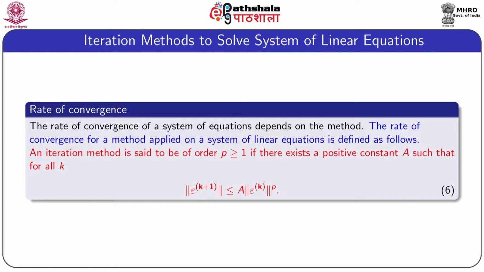An iteration method is said to be of order p, where p should be greater than or equal to 1, if there exists a positive constant a such that for all k, the norm of the error vector at the (k plus 1)th iteration, epsilon^(k plus 1), is less than or equal to the constant a times the norm of the error vector at the kth iteration to the power p. If p equal to 1, then we say that the rate of convergence of the method is linear. If p is 2, then the rate of convergence is quadratic. If it is 3, then the rate of convergence is cubic, and so on.